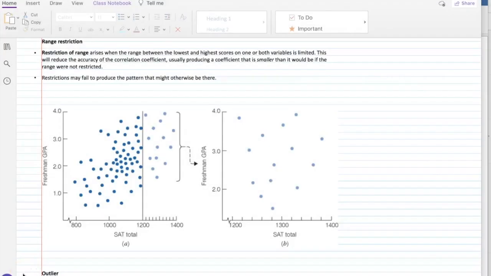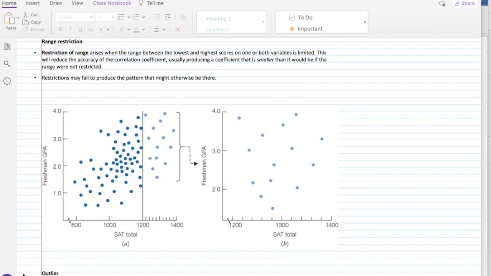Let's talk about range restriction. This is when the lowest and highest scores on both the independent and dependent variable are limited. That makes our correlation coefficient less accurate, and very likely it's going to be smaller than what we would expect if we had not restricted the range.